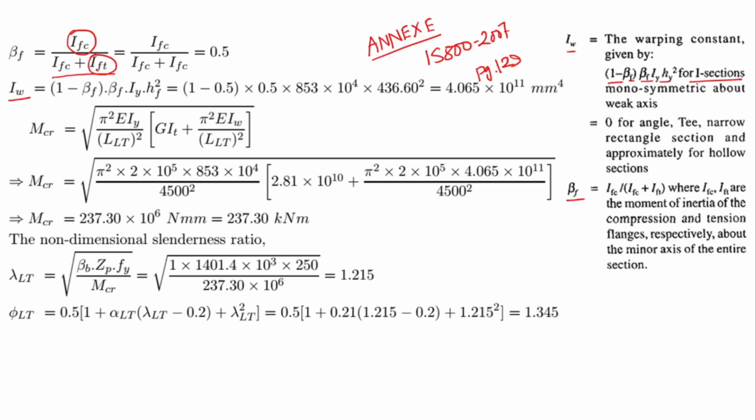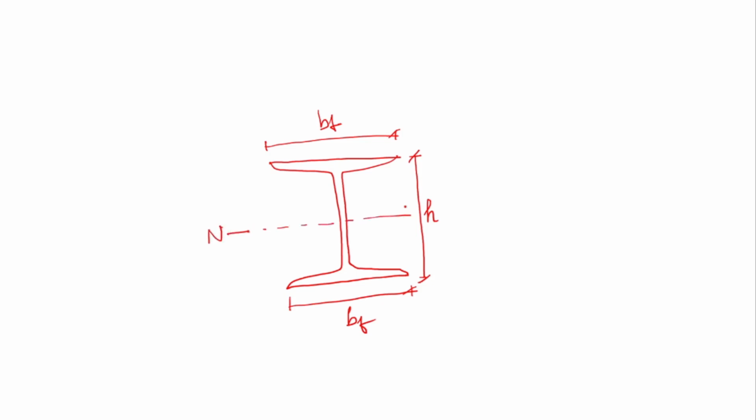Suppose this is the I section, which has total depth h. Its flange is BF, both top and bottom, and its neutral axis will be at the middle of the section. As the section is symmetric, its neutral axis will be equidistant from both top and bottom flange.